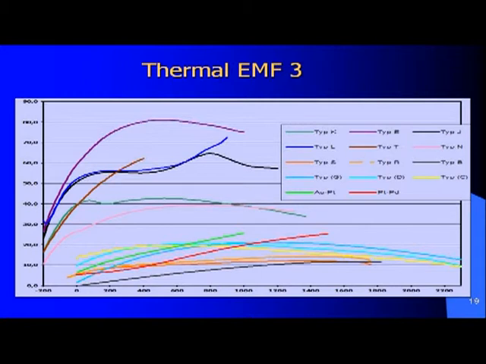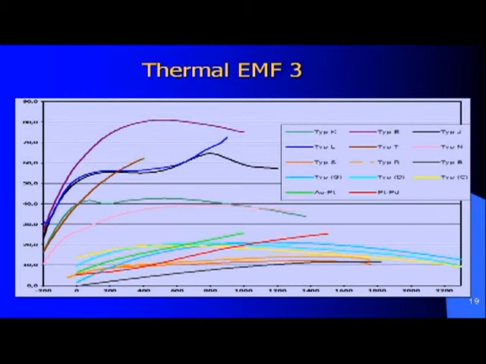So the last group are the refractory elements. They have the highest temperature for use. They have a medium EMF generation, and they are not very linear, but they are constantly bent. These are the refractory types, C, D, and G, where the type G, where one leg is a pure tungsten wire, is no longer used.